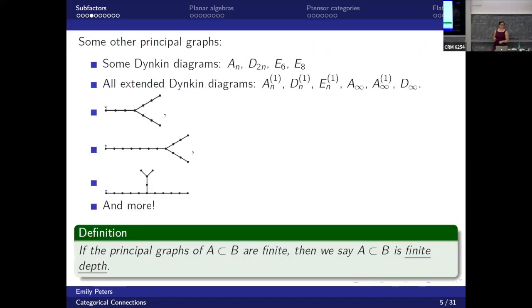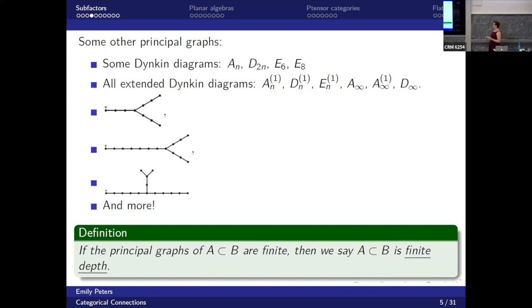Okay, oh, sorry. Yes. So here, the question of which graphs can appear as principal graphs is interesting and extremely hard. There doesn't seem to be any nice combinatorial way to think about it.